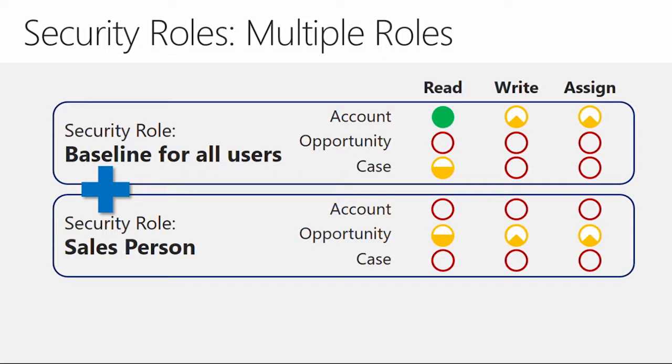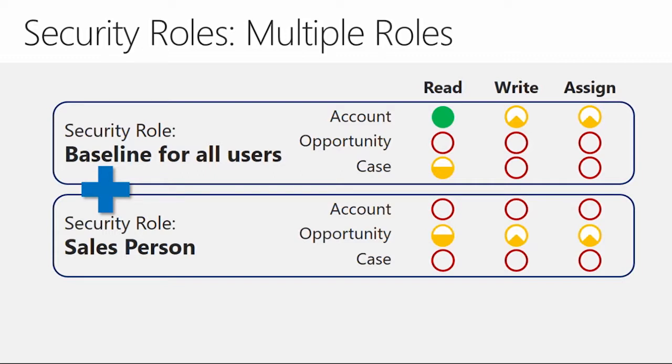Then I'm going to add another security role to this person called salesperson. That security role has business unit access to read opportunities, and then user level access to write and assign opportunities. And it doesn't have any access to accounts and cases.